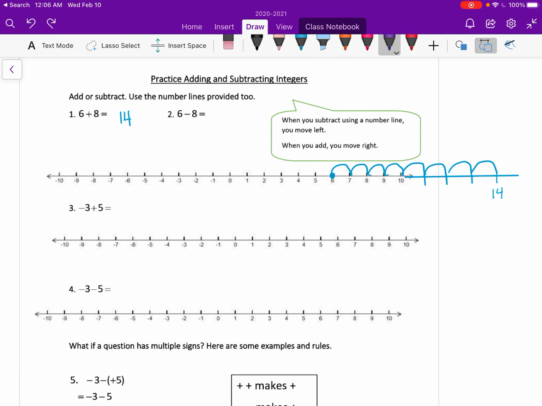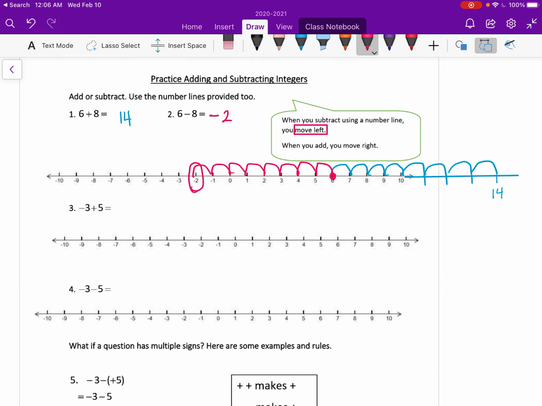Now, I'm going to do this in maybe red, if you're subtracting, you're actually moving to the left, right? Which means, okay, I have 6 and I'm going to minus 8. So I'm going to do 1, 2, 3, 4, 5, 6, 7, 8, right? So that's going to be -2.